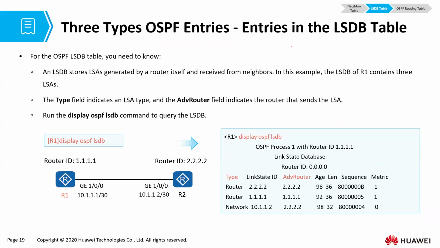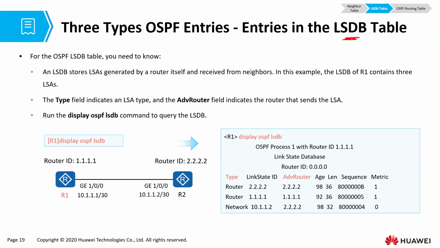LSDB table. With this one, it lists information about all the routers in the network. The neighbor table lists just your neighbor. This one lists all the routers in the network. Why does it list all the routers in the network?